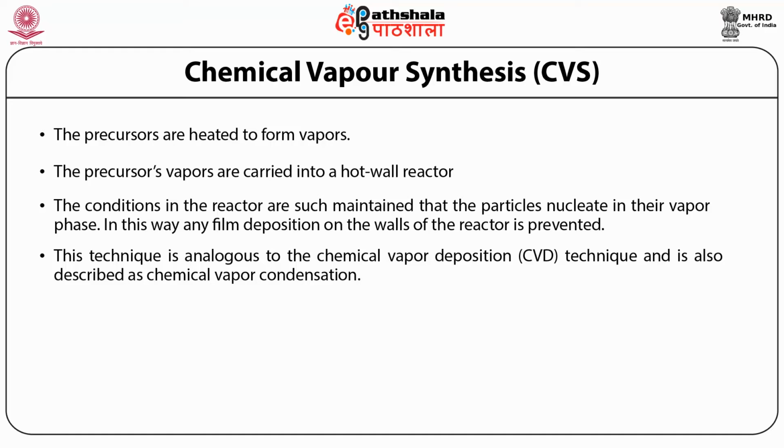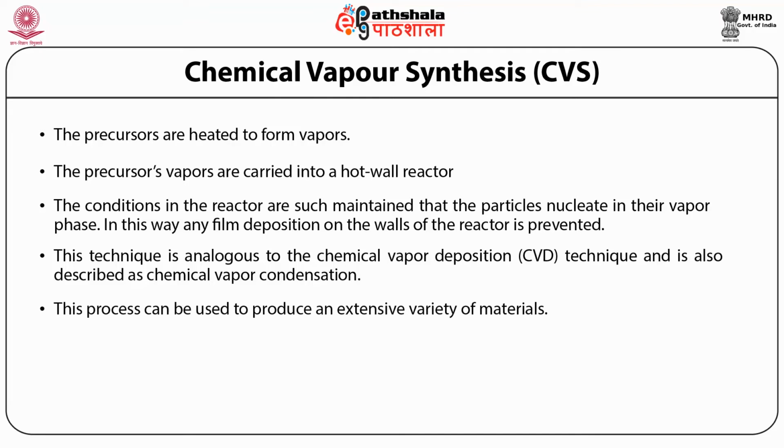It differs from CVD in that CVD is employed for depositing a thin solid film on the surface of a substrate. This process can be used to produce an extensive variety of materials.